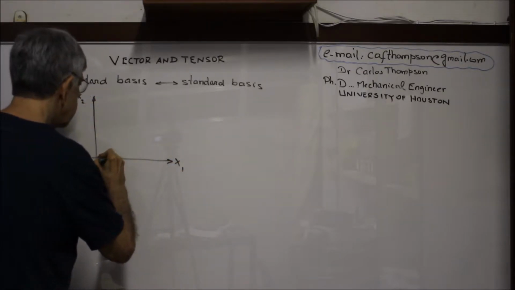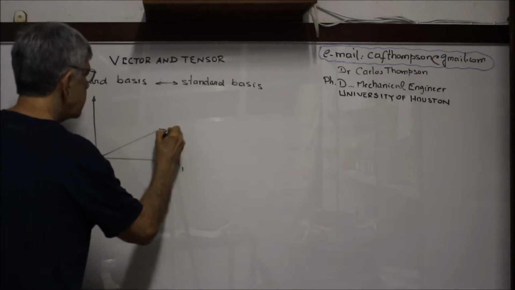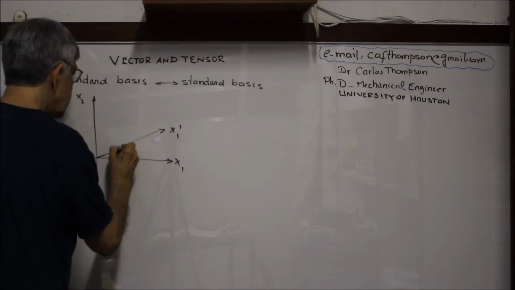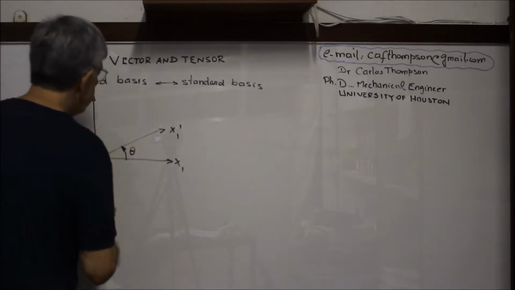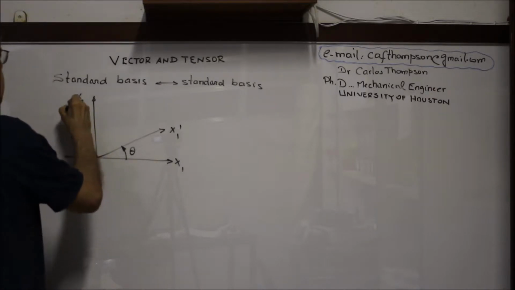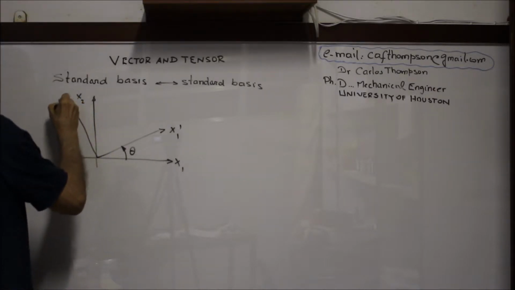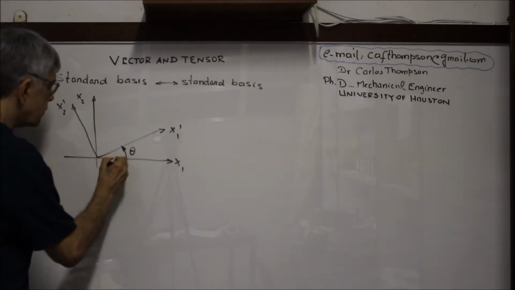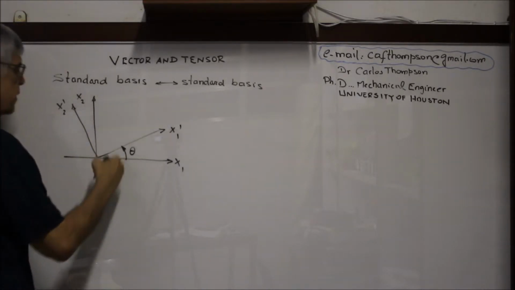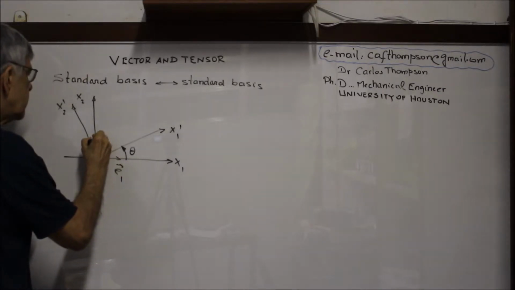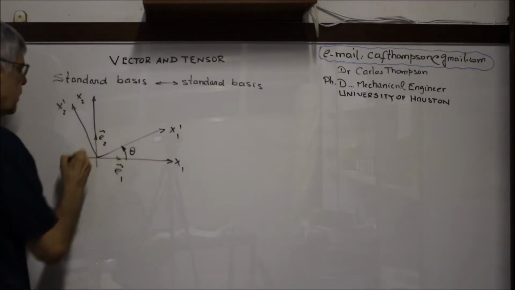So consider this is x1 prime, this is an angle theta, and this rotation here. This is x2 prime. Now the unit vectors. This is from the standard basis. This is E1. Here is E2.